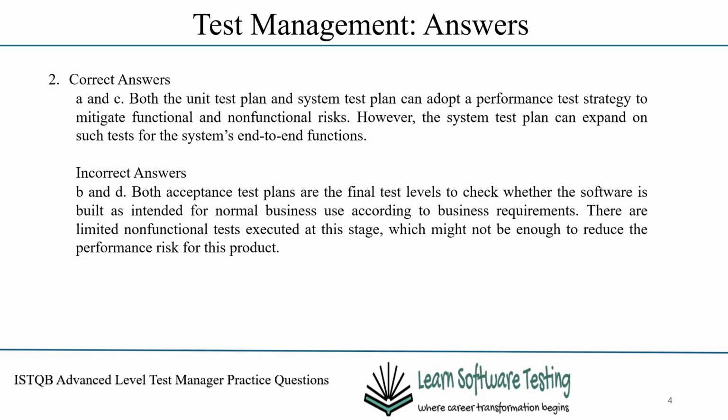Then, for the incorrect answers, option B and D. Both acceptance test plans are the final test levels to check whether the software is built as intended for normal business use according to business requirements. There are limited non-functional tests executed at this stage, which might not be enough to reduce the performance risk for this product. So these are the answers for question number 2.